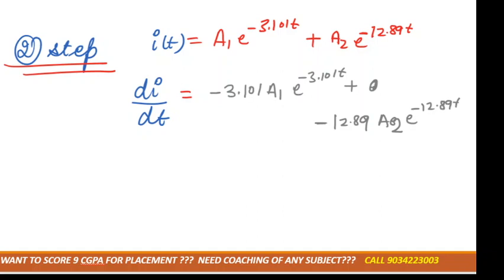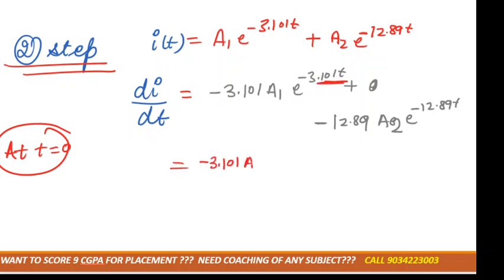We have to do it at t equal to 0 again. At t equal to 0, minus 3.101 A1 e raised to power 0 plus minus 12.89 A2 e raised to power 0, right?